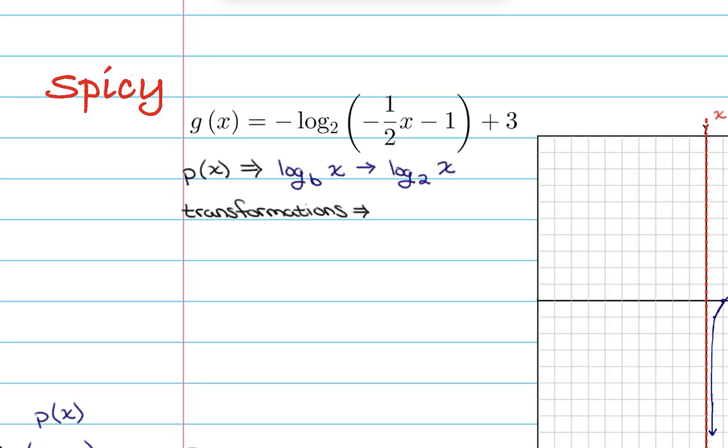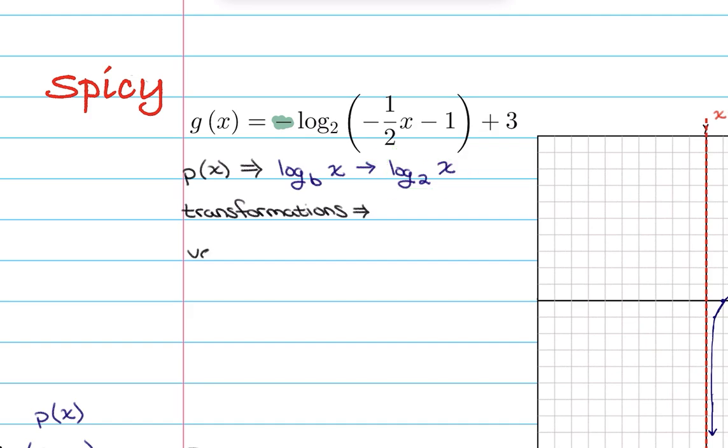Okay. So going through, like we have been, I have that negative sign first. The reason I do the negative first is because it's the first thing I saw. So that is a reflection. It is acting on the logarithm as a whole. All right. The base is 2. So this is our parent function, log base 2 of x.